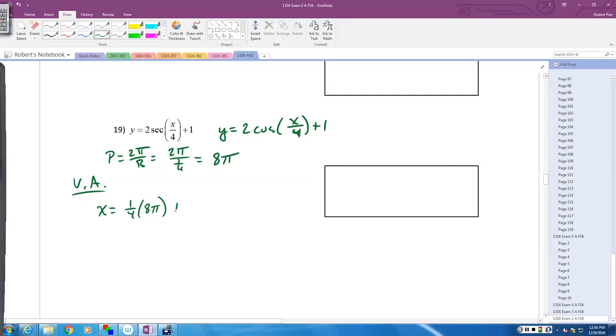And then how often will they occur? Half the period. Okay. So x will be 2 pi plus 4 pi k.